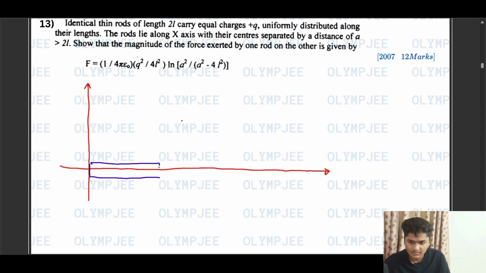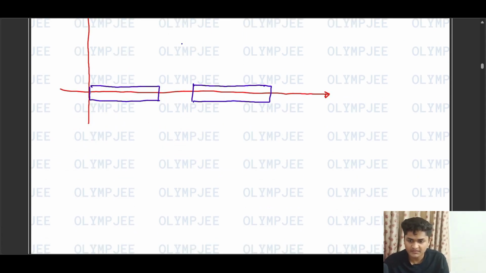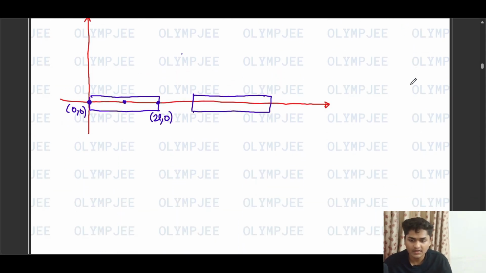There are two rods. If this is at origin, this will be at 2L comma 0, because the length of the rod is 2L and the length of the origin from center would be L. So this is L comma 0.